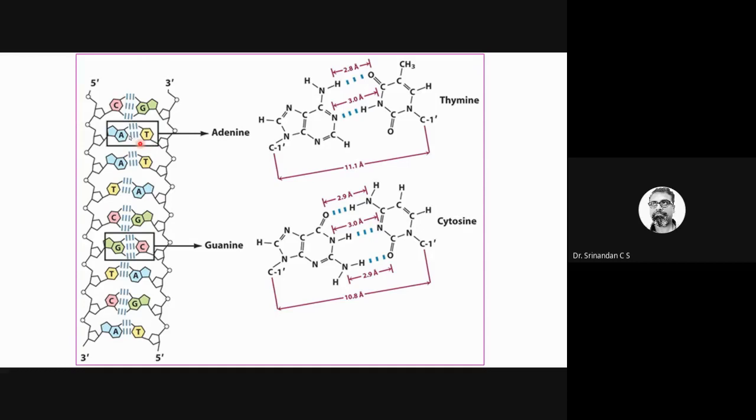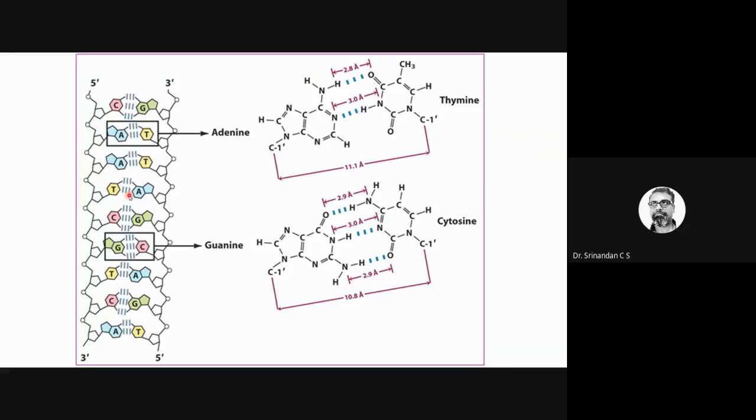And when A and T bind, there are two hydrogen bonds, and when C and G bind, there are three hydrogen bonds in between them. Hydrogen bonds, we know, are weak bonds, and these phosphodiester bonds are covalent bonds, and because these two together there will be binding.